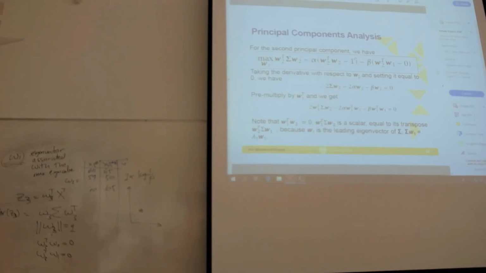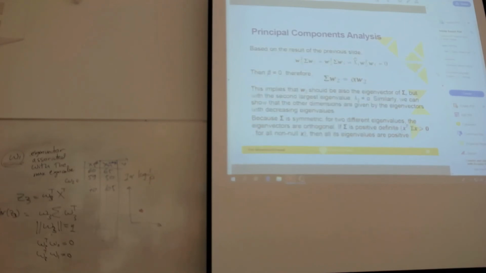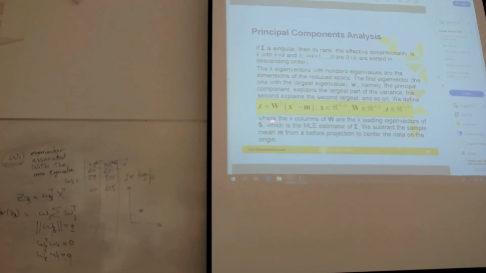Once we build the covariance, we calculate the eigenvalues and eigenvectors. Then we select the set of highest eigenvalues, look at the associated eigenvectors, and then we build our matrix W capital, which contains the eigenvectors of the dimensions of interest.